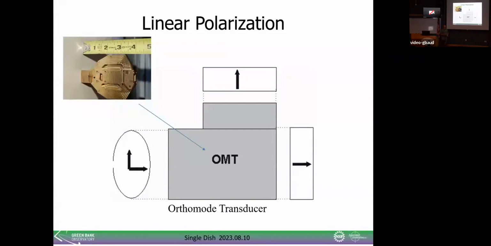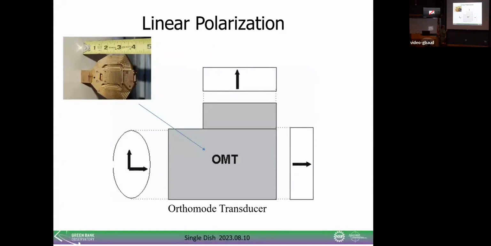It separates the polarizations into two electric field components, and then those get detected and amplified, and it's really a measure of signal strength, and those two ports give you a measure of polarization. So if you want to do polarimetry, you have to do some mathematics on the strength of the signals in each one of those ports.